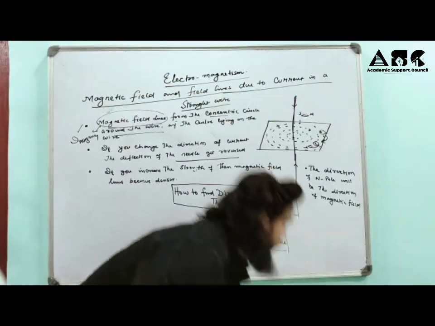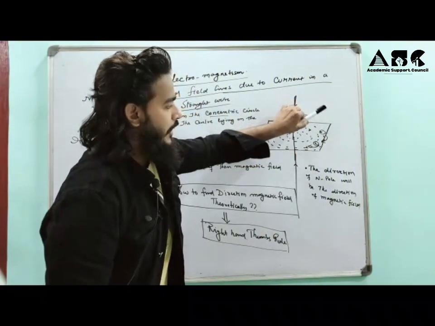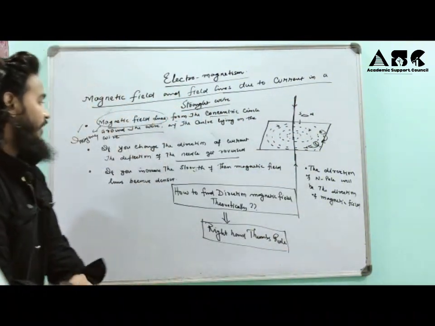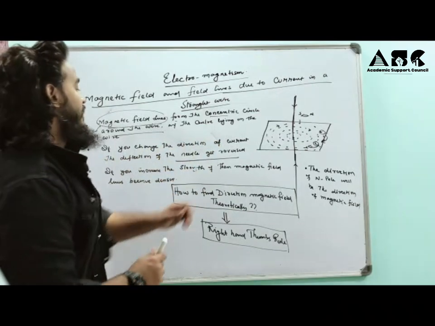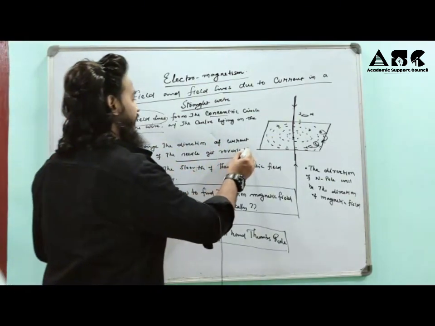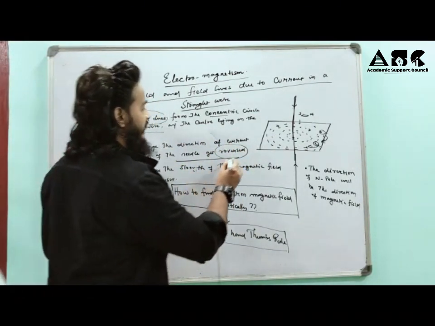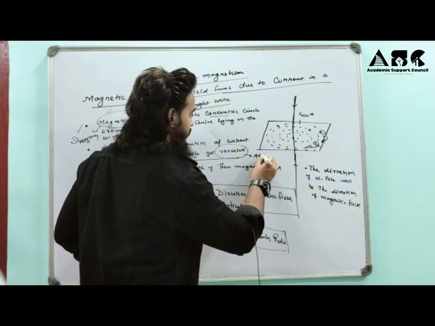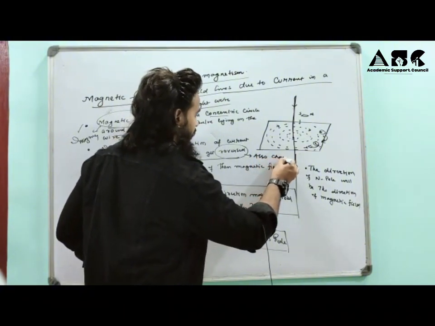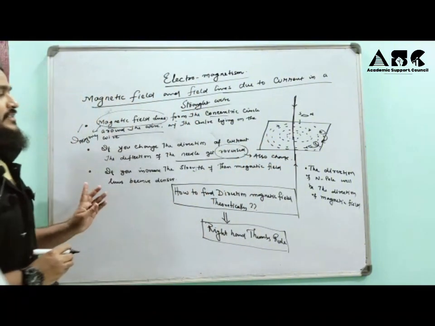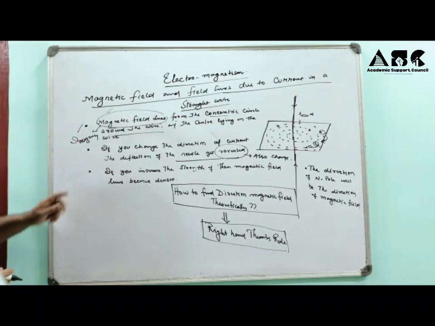I hope the point is clear. Second one: if you change the direction of the current, the deflection of the needle will be reversed, so the direction of the needle will also change. Is it clear? Second point is clear.